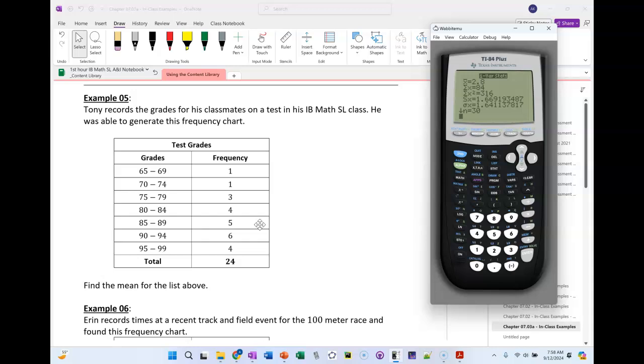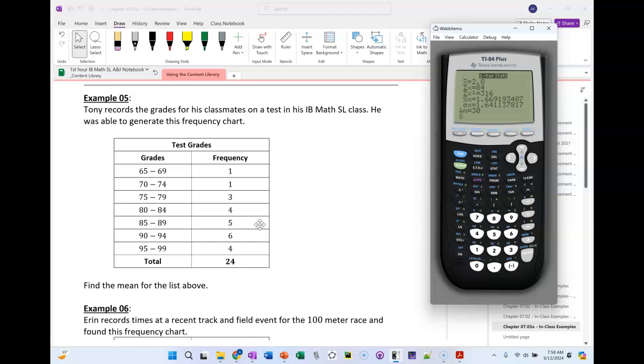The midpoint, interval value, which is just the middle of like 65 to 69. So you have to use a mid interval value here, just like you did in the worksheet. Remember doing that? Yesterday we did mid interval value. So instead of 65 to 69, you're just going to use the mid interval value, which would be 67.